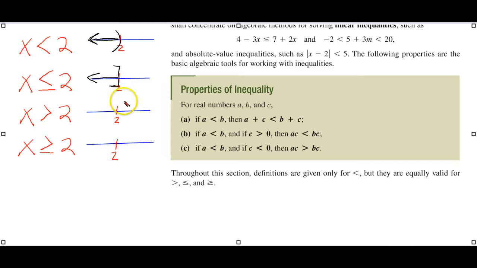So again, 2 is not included. We use a parenthesis and then an arrow indicating it's going up to positive infinity. And here the only difference is that 2 is included, so we use a bracket. So these are the graphs of the inequality statements.